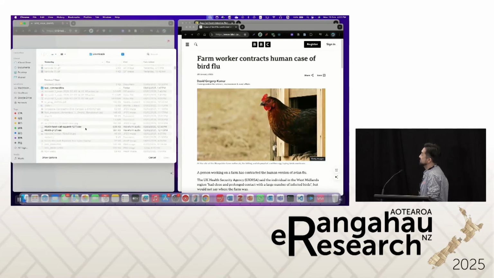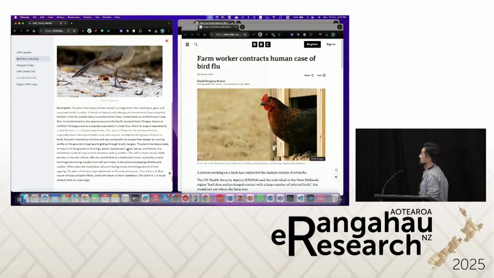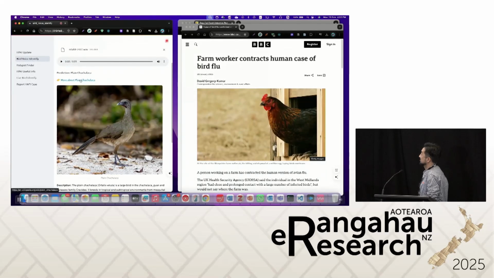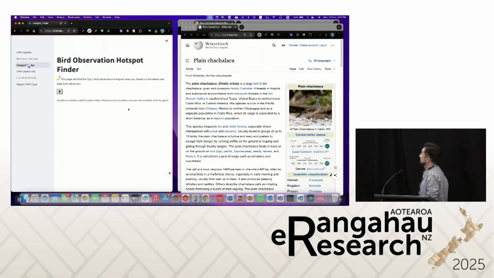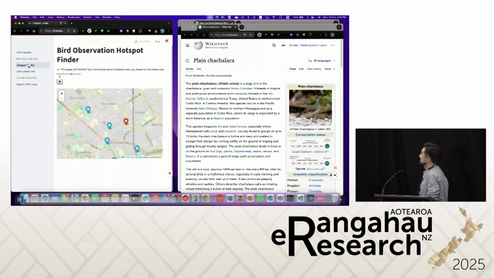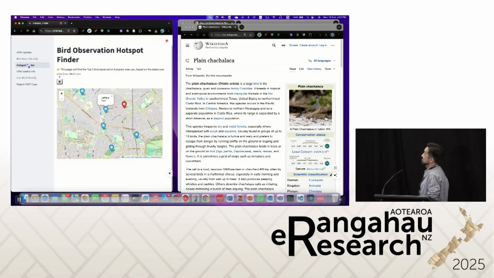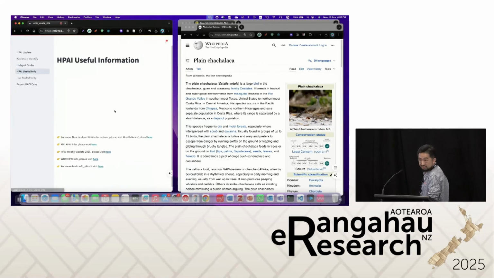You can find the hot spots of bird observation.